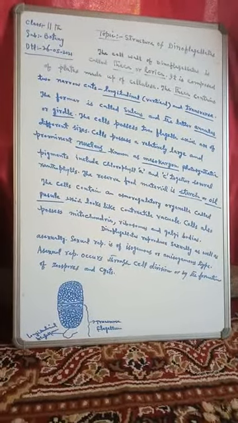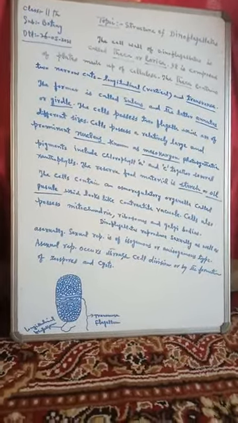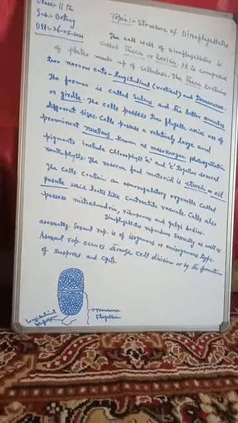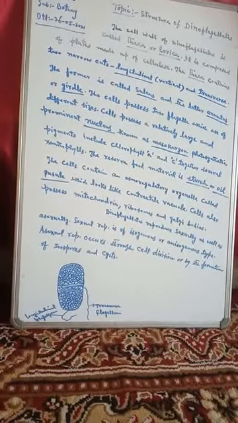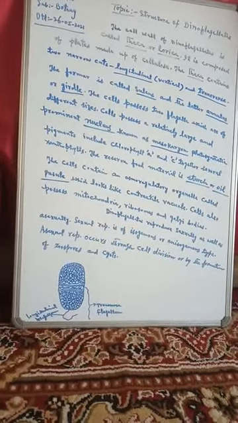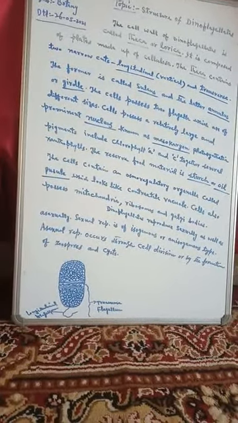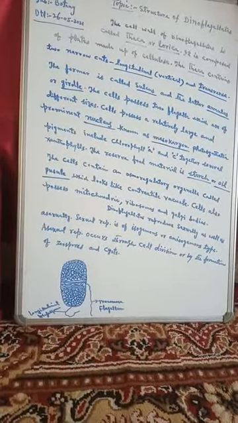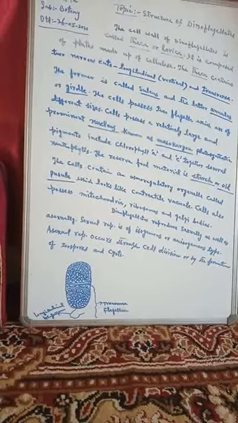The cells also contain an osmoregulatory organelle called pusule, P-U-S-U-L-E, and this pusule looks like a contractile vacuole. Cells also possess mitochondria, ribosomes, and Golgi apparatus or Golgi bodies. These are the cell contents.